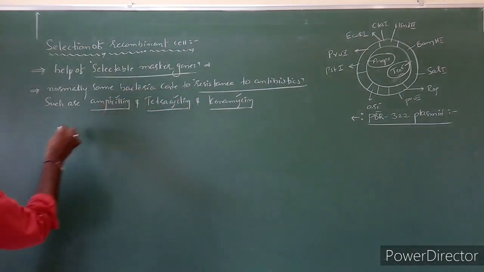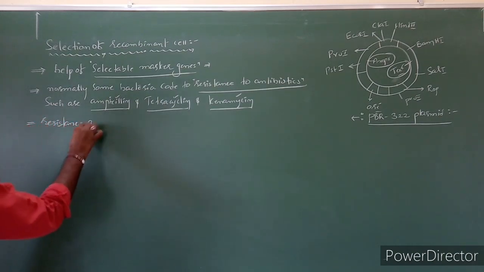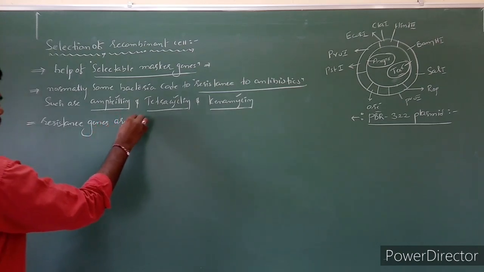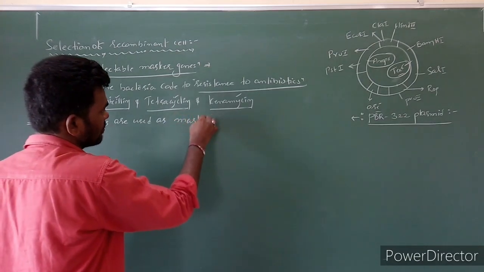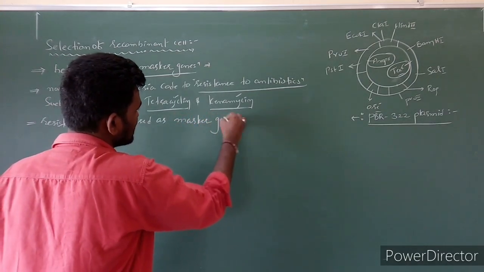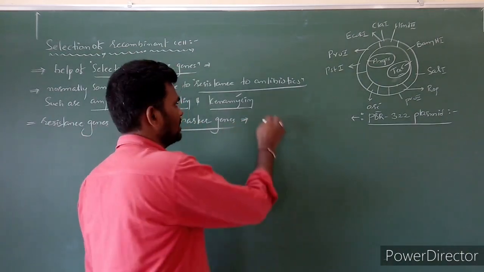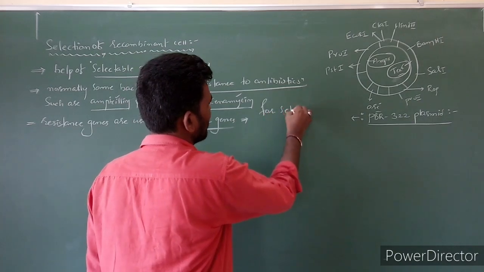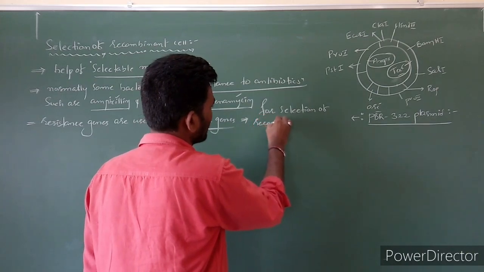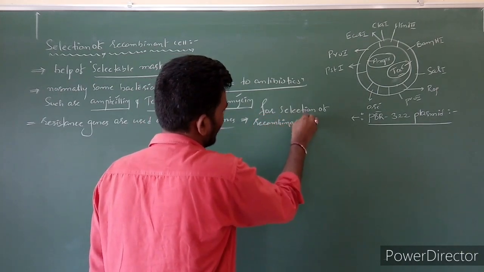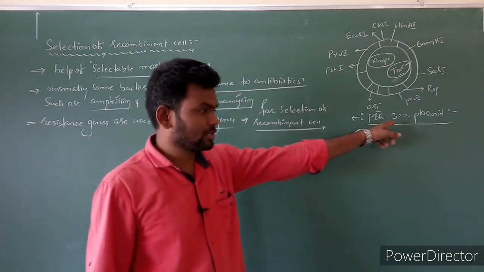So such resistance genes are used as marker genes for selection of recombinant cells.